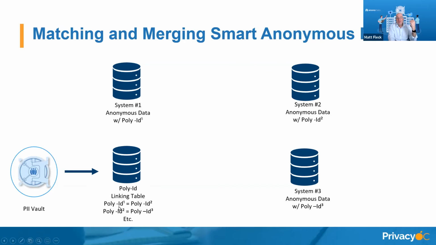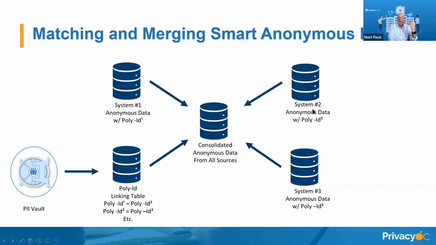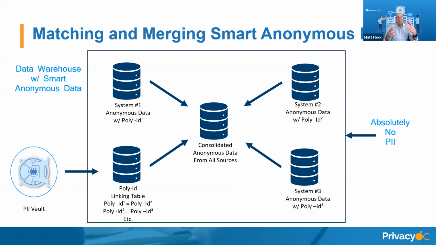And the linking table basically says poly ID 1 from source 1 is the same person as poly ID from source 2, and 2 to 3, etc. And when you have that linking table and you have all this anonymous data, then you're able to completely create your data warehouse totally with smart anonymous data. There's not a single byte of PII in here, and yet you can do everything you need to do with all the data sciences. That's really kind of the simplicity and the beauty of how this works.